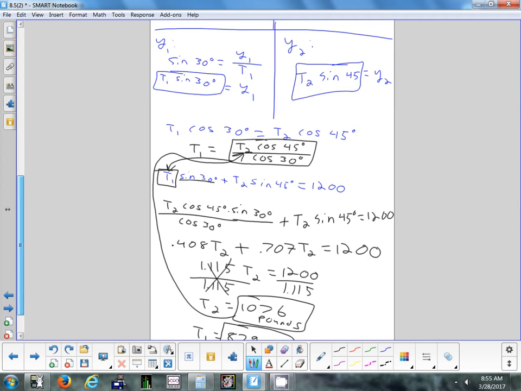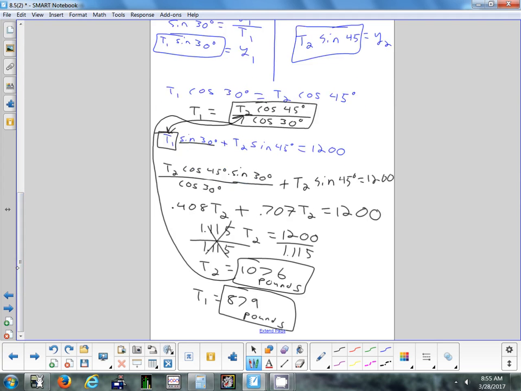Just call that the angle on the right, the angle on the left. And then the cable on the left times the sine of the angle on the left plus the cable on the right times the sine of the angle on the right equals the weight of the object. If you write down exactly what I just said, that gives you a shortcut, filling in what you need to fill in.